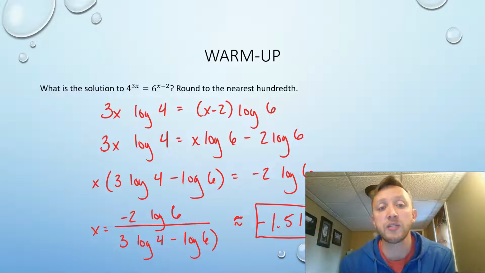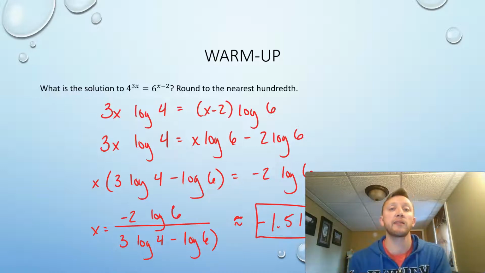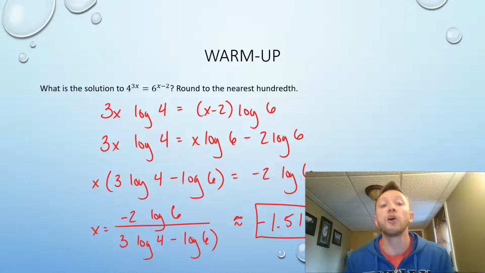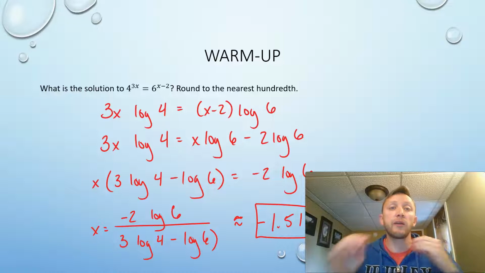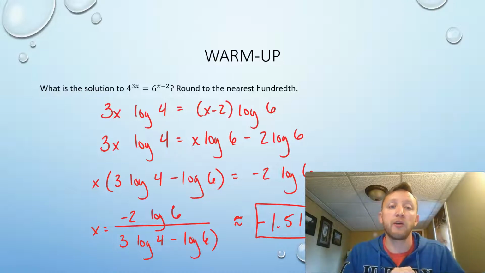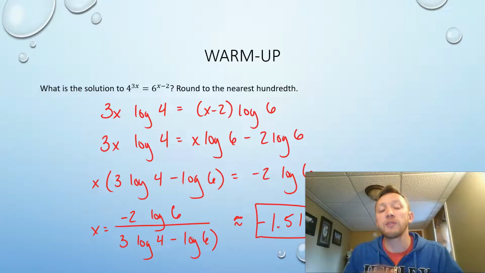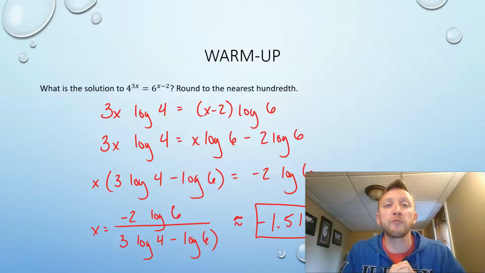We want to solve for x, so I'm going to divide both sides by 3 log of 4 minus log of 6. Now remember, to do this on your calculators, I strongly recommend doing this in 2 steps, so you can avoid making any errors with your calculator. Do negative 2 times the log of 6 on your calculator, and write down 3 or 4 numbers past the decimal, so your final answer will be more accurate.